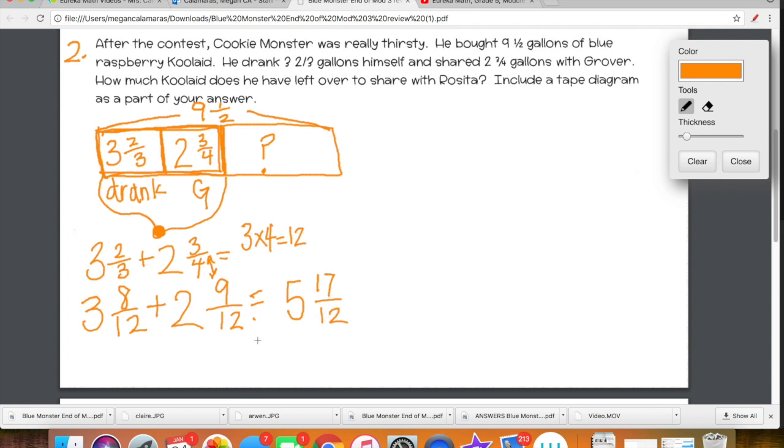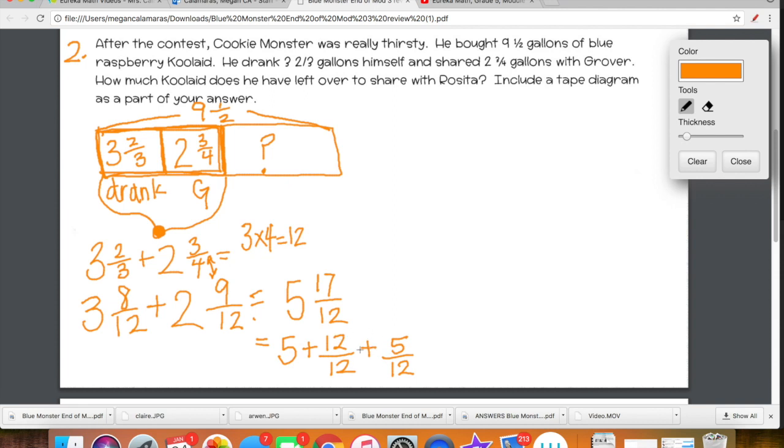So we can simplify this. I know you guys know how to do this. So let's go ahead and decompose this and rename this to make it a little bit more simple of a fraction. So 5 17/12 is equal to 5 plus 12 twelfths plus 5 twelfths.